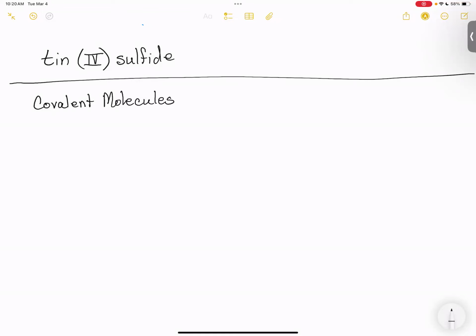Now we're going to get into covalent molecules. Covalent molecules have covalent bonds. Covalent bonds arise through the sharing of electrons, which we illustrated when we were developing the Lewis structures for the majority of molecules last week.